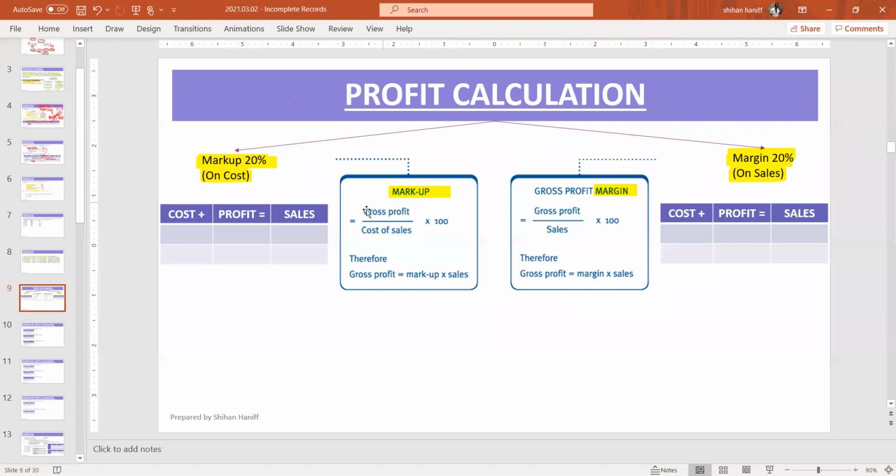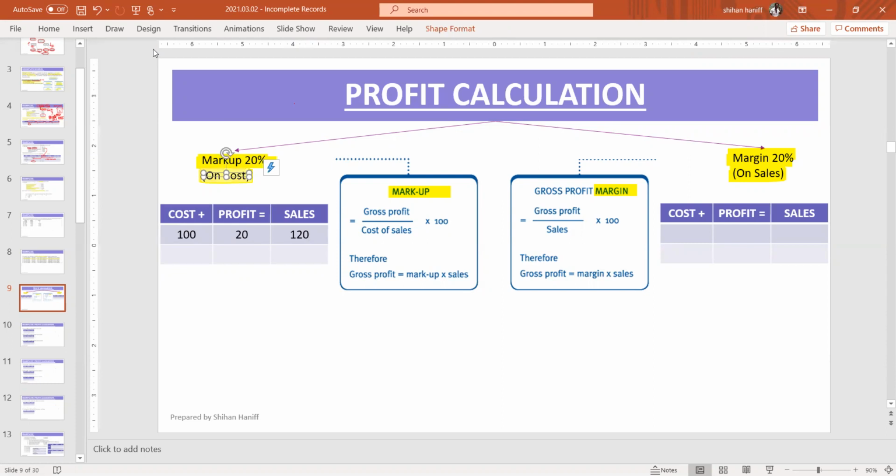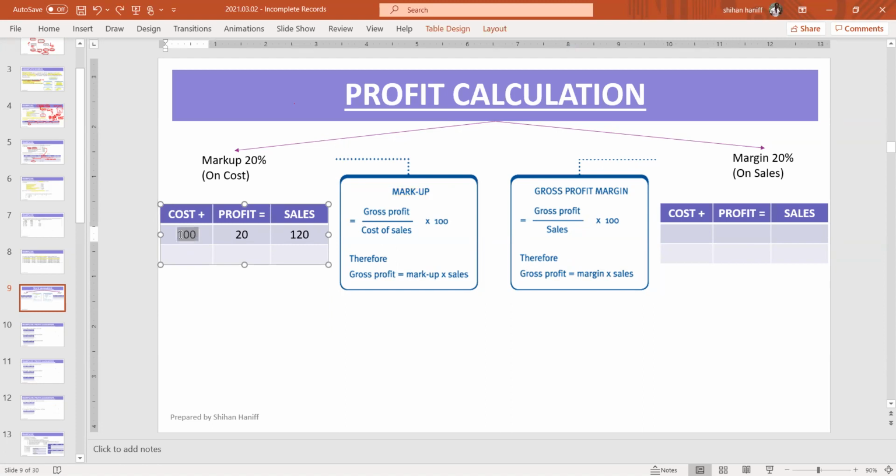Say the markup is 20%. This is an example. Markup 20% means cost is 100. Profit is 20. Selling price is 120. So cost is 100. Highlight the cost.